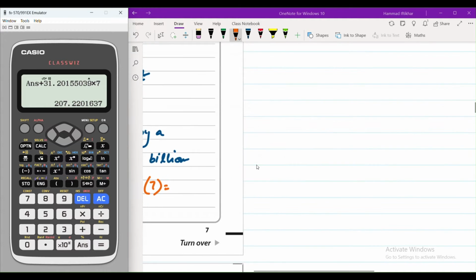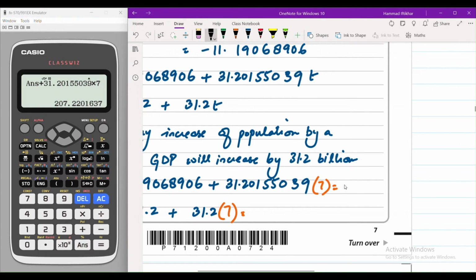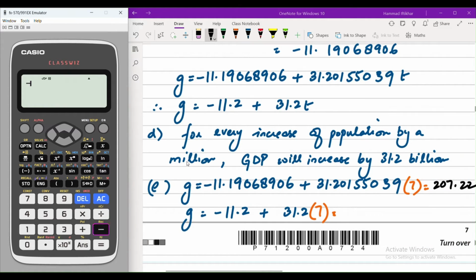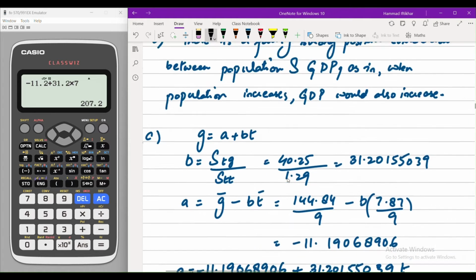That is this value, roughly around 207.22. Now let's see if this one comes close or not. Minus 11.2 plus 31.2 times by 7. Again, that is also 207.2. So obviously these things are the same, so however you wish.